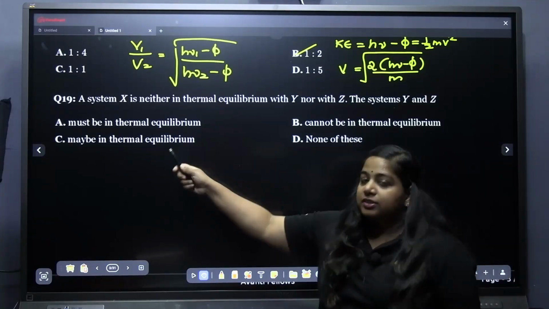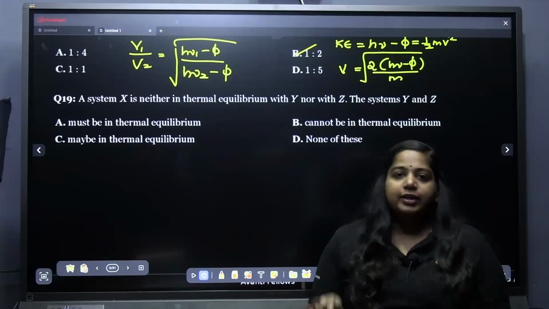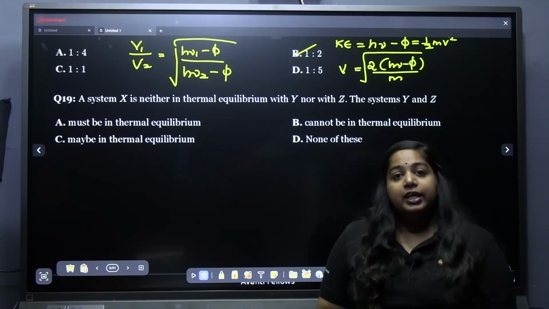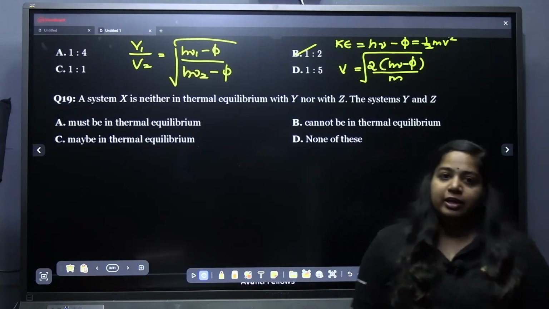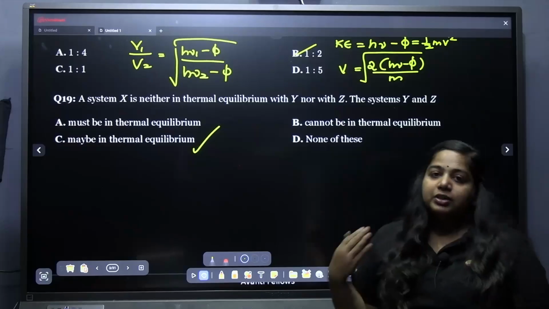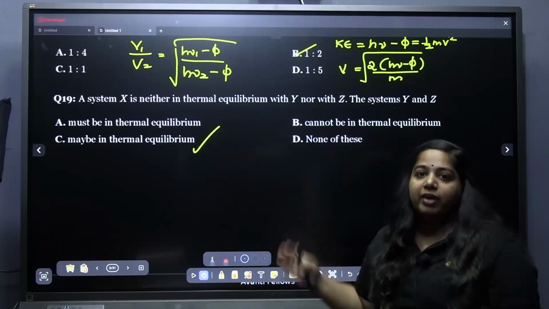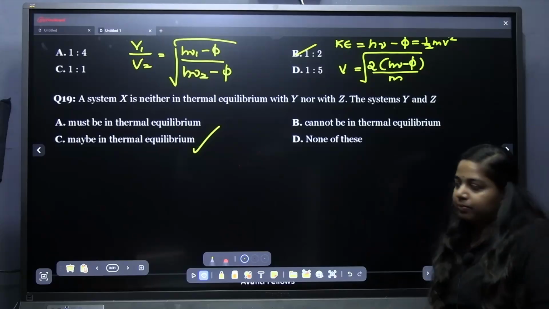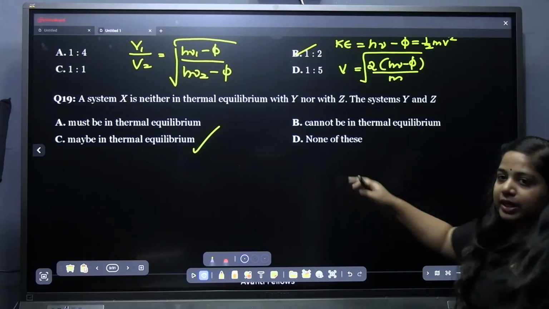If X is not in equilibrium with Y, and not in equilibrium with Z, it doesn't mean that Y and Z are not in equilibrium. They may be in equilibrium, may not be in equilibrium. So the answer is option C. We cannot say anything confirmed about Y and Z. Maybe they are in equilibrium or maybe not. Okay, so that is the answer.